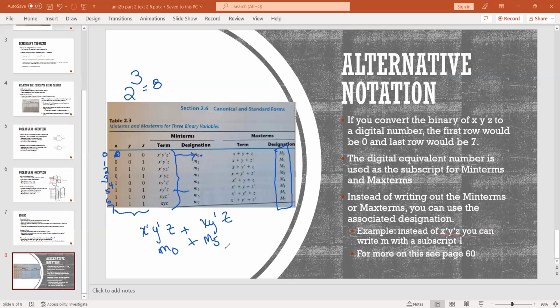So you could write it in that notation. So for more information about writing out of min terms and max terms, you can go to page 60 in Mano and Ciletti. And it will talk to you more about this, because there's some summation formula that you can use. So that's it.